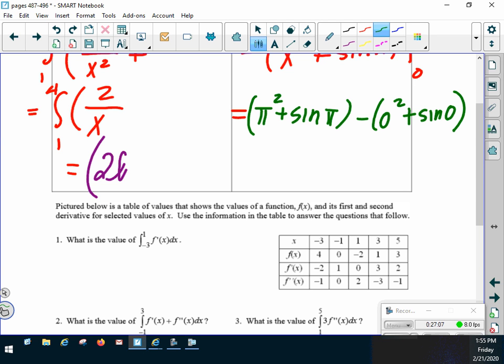What's the sine of pi? The sine of pi is 0. So this is pi squared. That's 0. What's the sine of 0? 0. Pi squared. That's not bad.